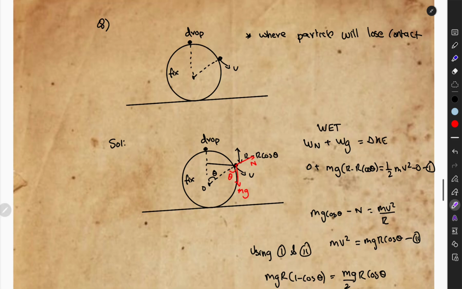So when it drops, we know that it will be having n normal force and mg force acting downwards, and normal force will become 0 because the moment it gets out of contact of the surface, the normal force stops acting and it will become 0. Fine. So let's first write the work energy theorem.